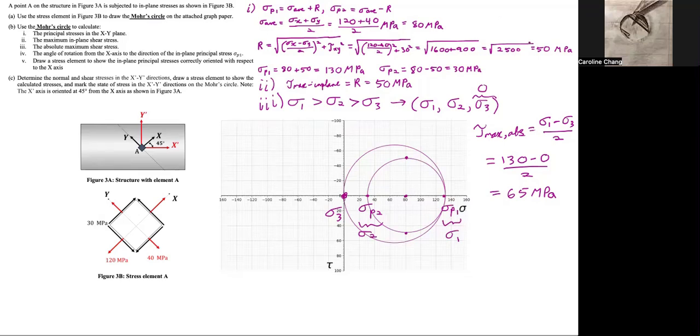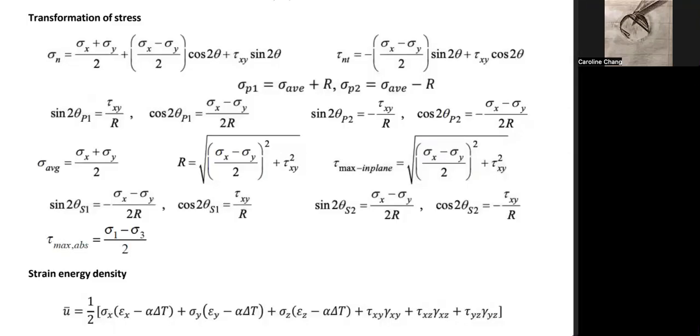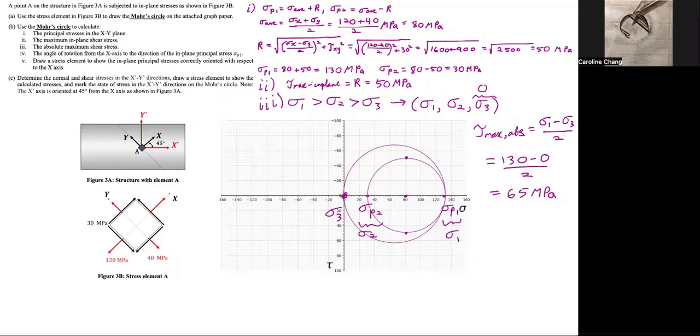So our tau max absolute value is found from this equation, tau max absolute equals sigma 1 minus sigma 3 over 2. Okay, so now we have found the absolute maximum shear stress.